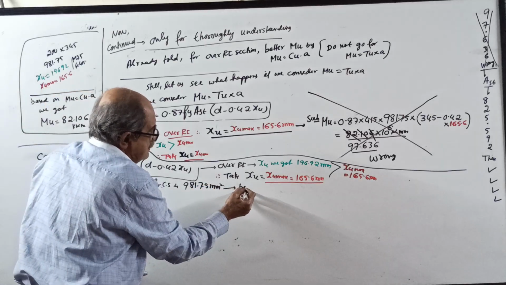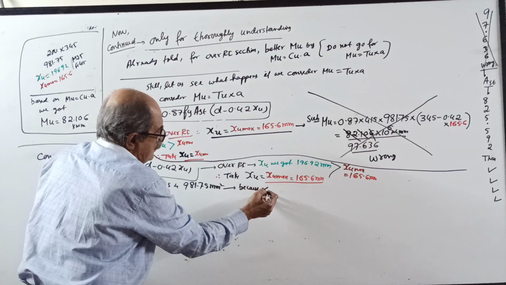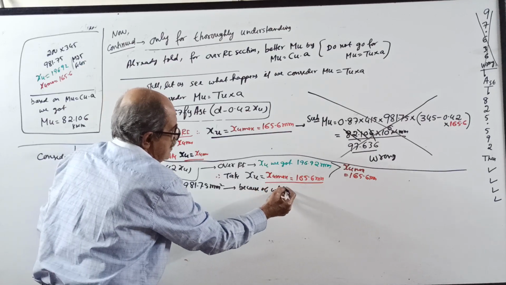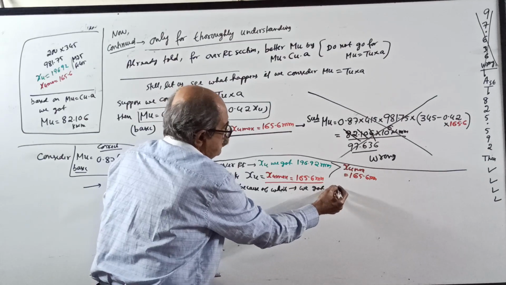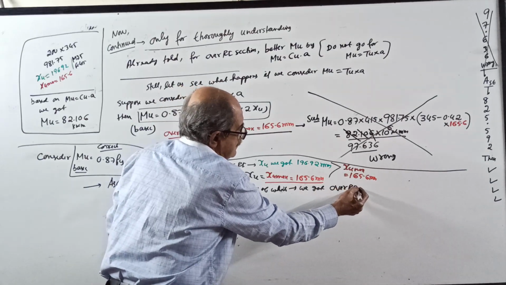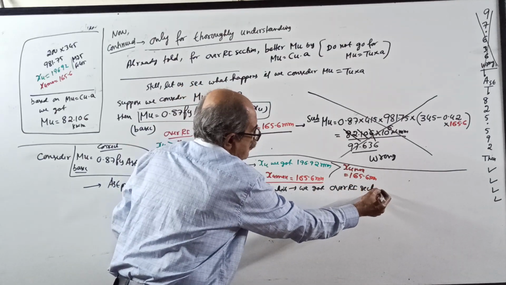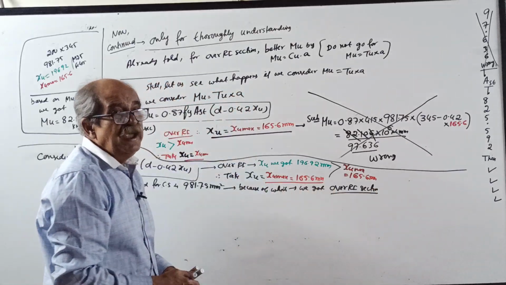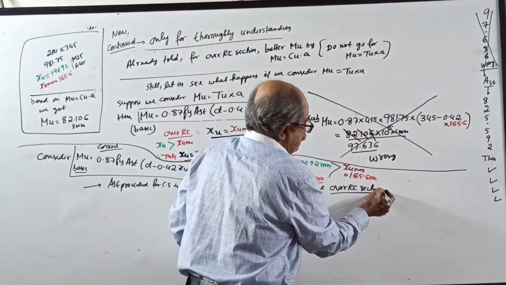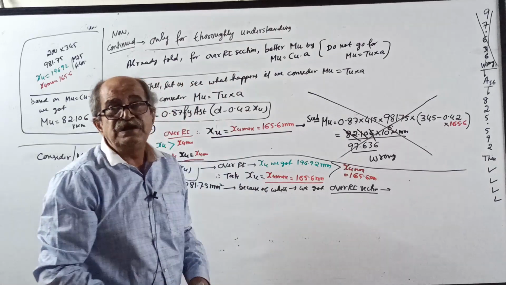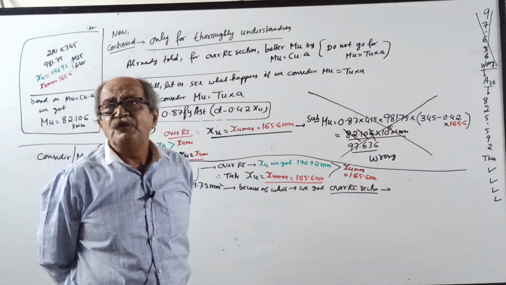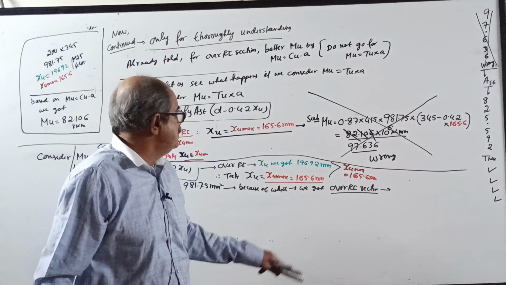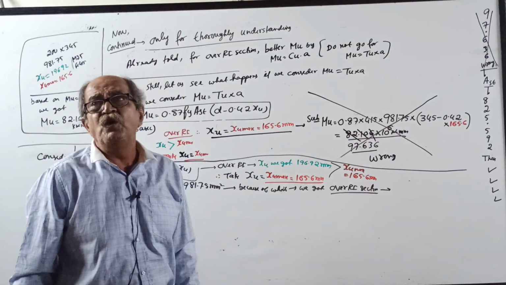because of which we got what section? Over reinforced section. Okay. That means, you write here now, that means the area of tension steel provided is more than that required for a balanced section. So since you have given more steel, it became over reinforced.